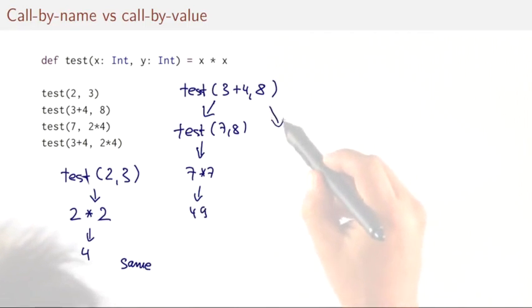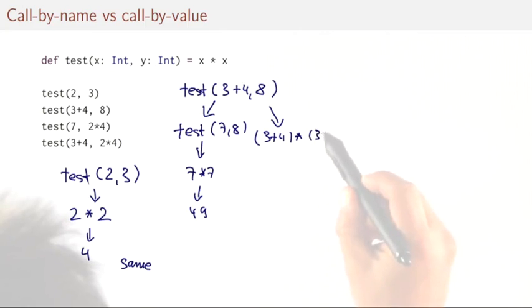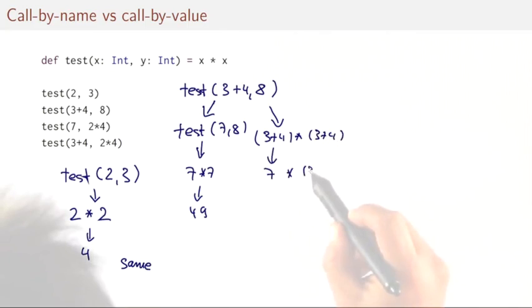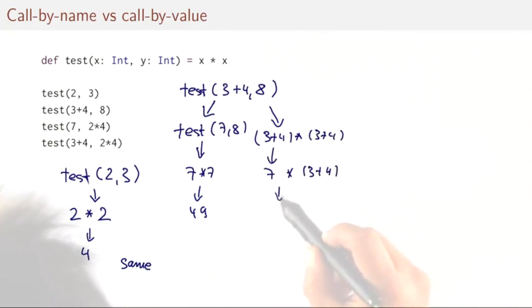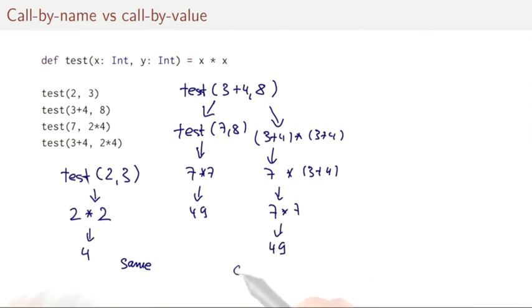Whereas under call by name, we get (3 + 4) * (3 + 4). That reduces to 7 * (3 + 4), 7 * 7, and 49, in one step more than the call by value version. So call by value has the advantage here.